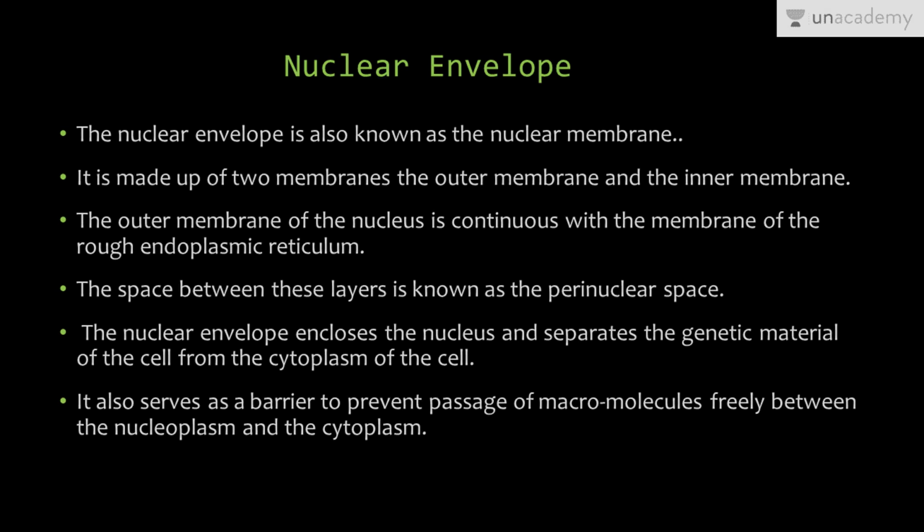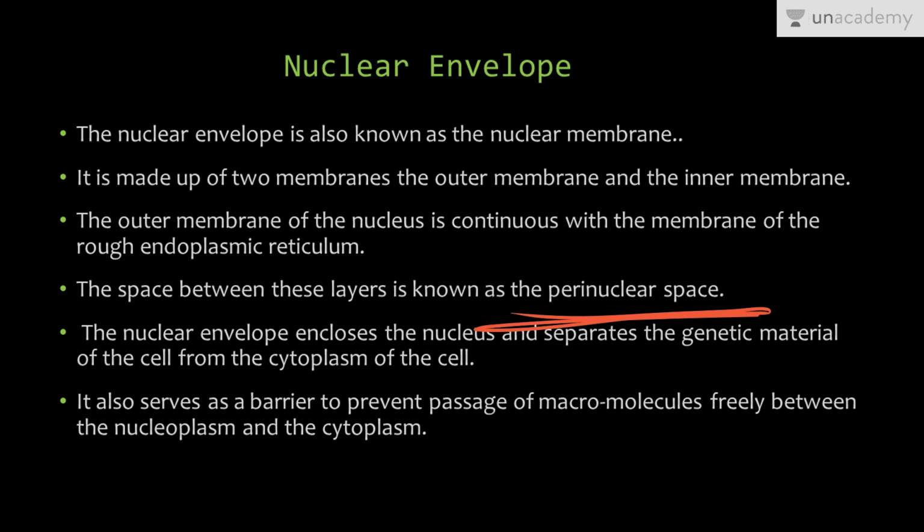Okay, moving on, let's study what is a nuclear envelope. The nuclear envelope is also known as the nuclear membrane. It is made up of two membranes, the outer and the inner membrane, as we just saw in the diagram. The outer membrane of the nucleus is continuous with the membrane of the RER, the rough endoplasmic reticulum. The space between these layers is known as the perinuclear space.